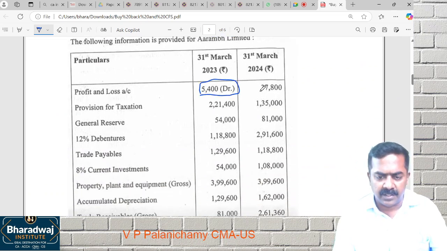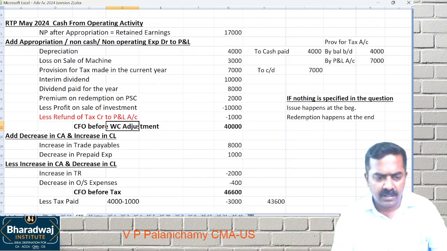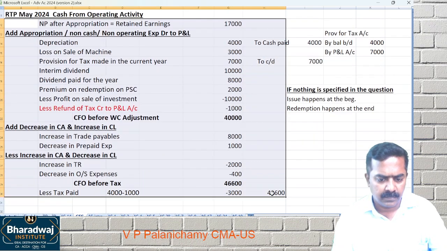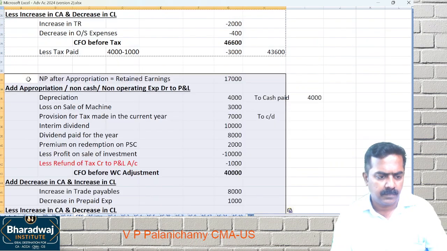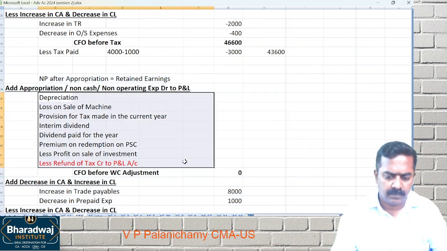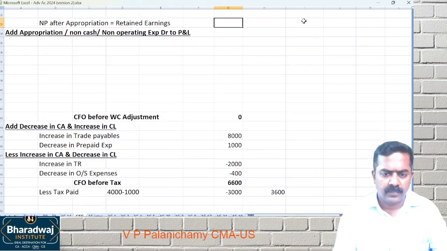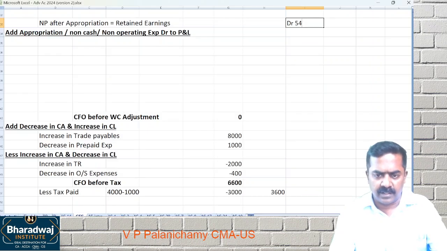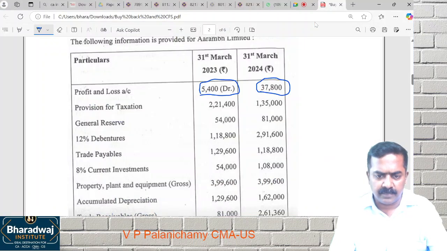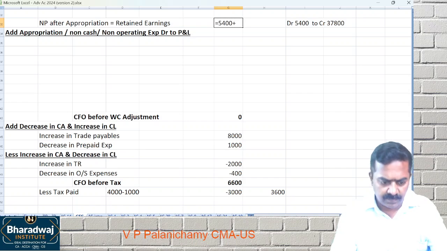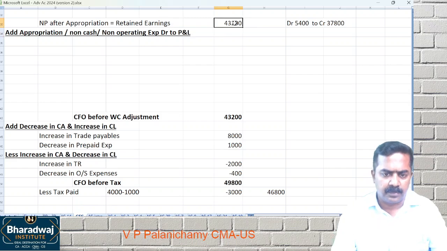Opening balance was a debit balance, closing balance is a normal balance. So, what is the net profit after appropriation? Debit, how much was there? 5,400. It has become credit 37,800 now. What is the net profit earned for the year? 43,200. Net profit earned for the year.